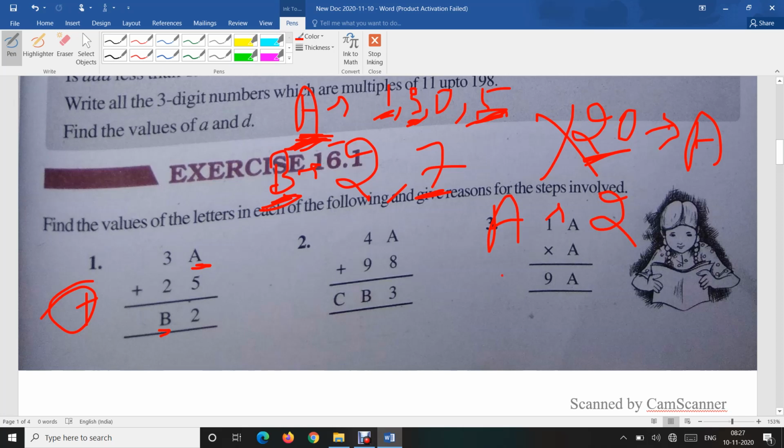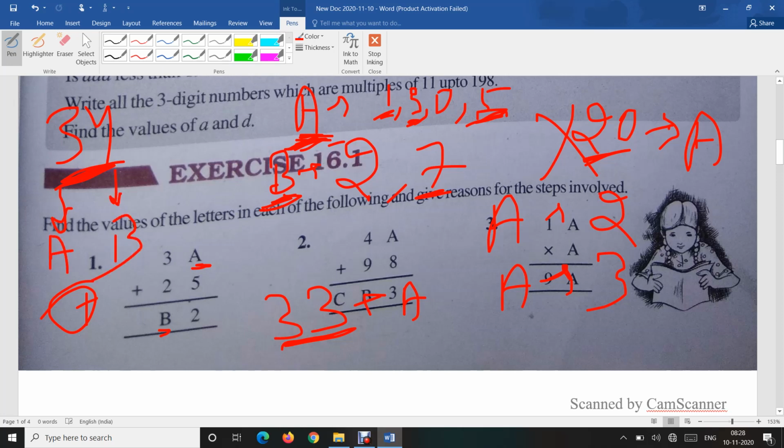If you have 33, a cannot represent 33. If you have 34, a cannot represent 34, because in the number 34, a can represent 3 and b can represent 4. That means each digit must be represented by just one letter.